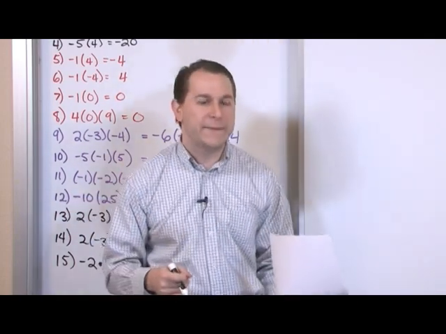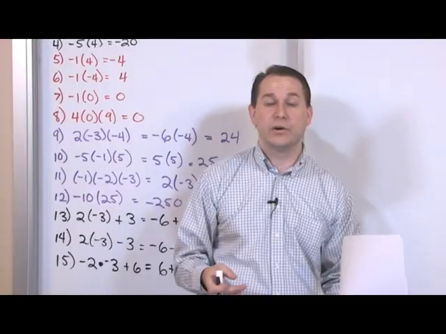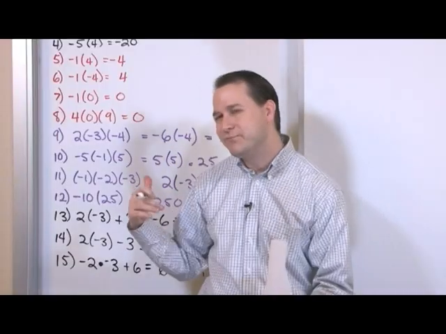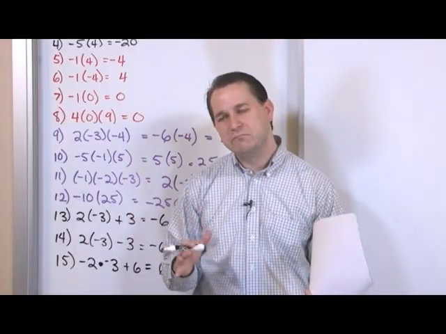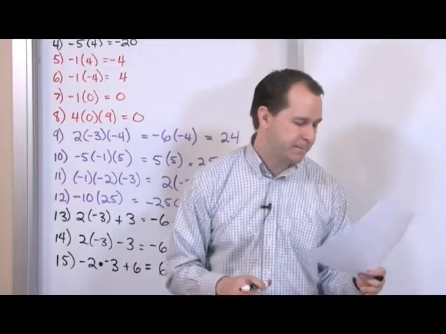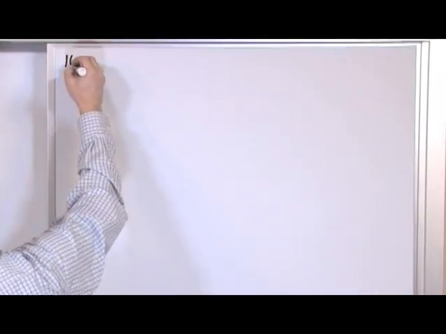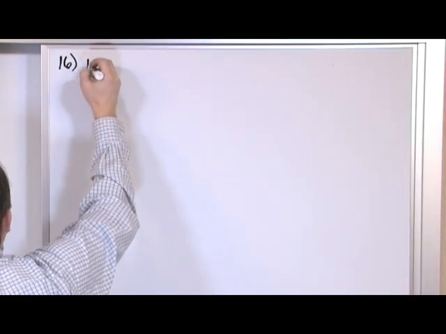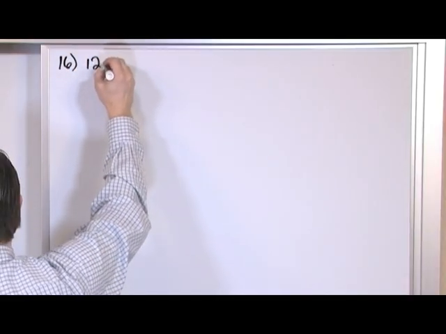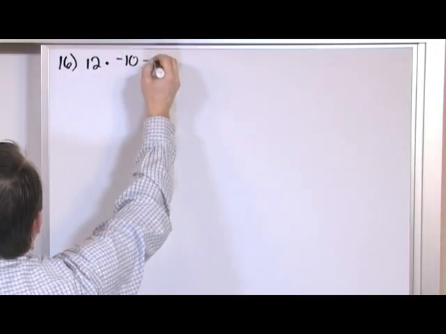We're going to talk more about that in a couple of sections when we learn order of operations, but I'm just trying to teach you a little bit of it now because it's good for you to start learning this now.